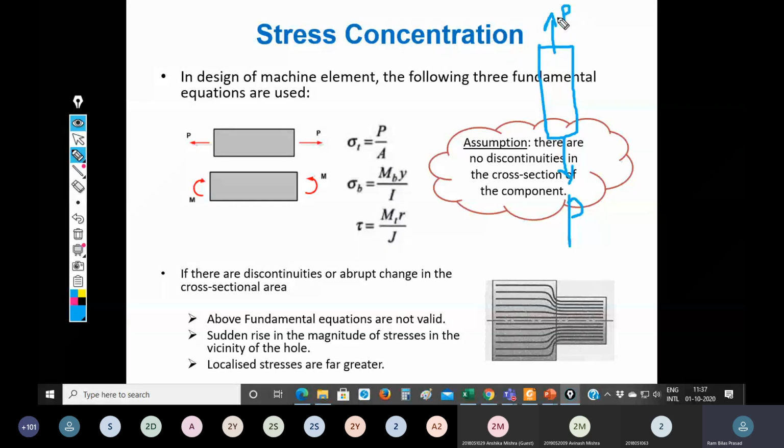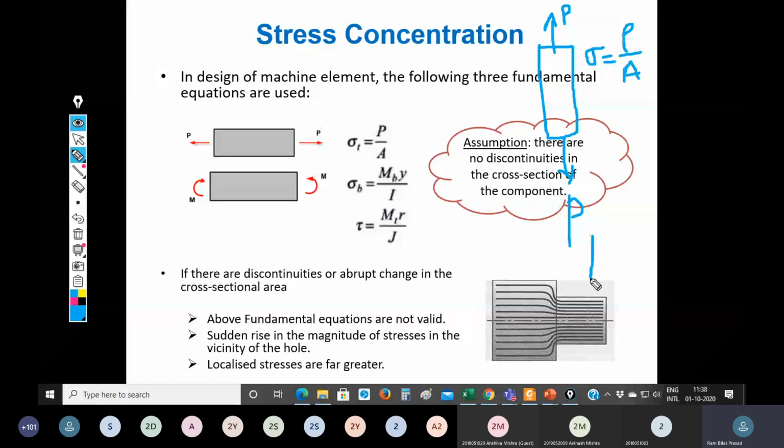How to find out the stress? You can find out stress using sigma equal to P by A, load divided by cross sectional area.